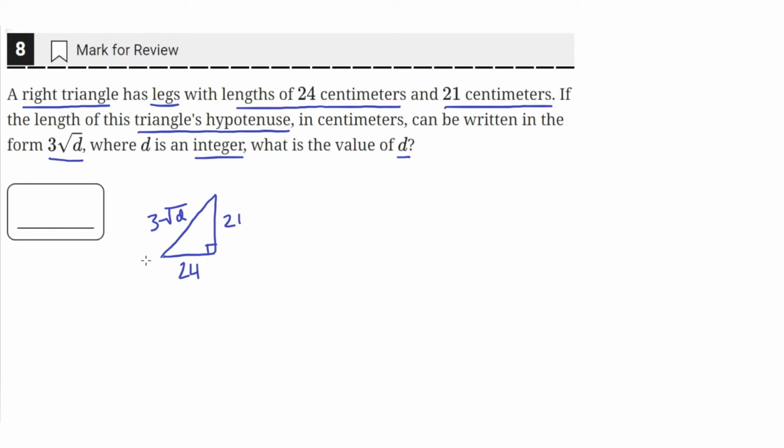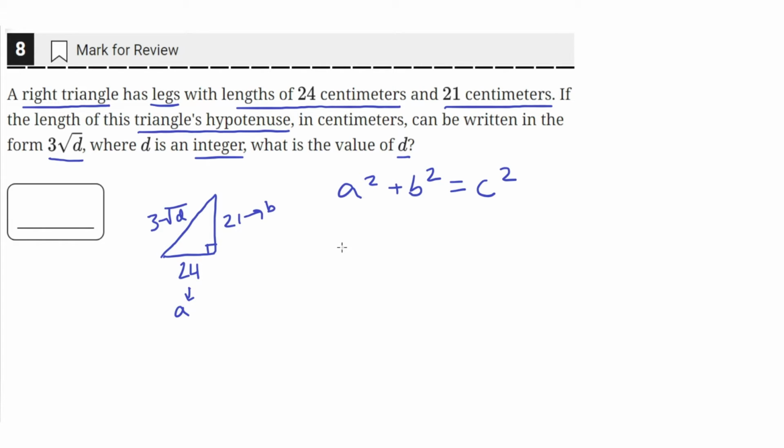So we can solve for the hypotenuse of this triangle by using the Pythagorean theorem, a squared plus b squared equals c squared, where we can make 24 a and 21 b the lengths of the two legs, and then c is the hypotenuse. So we'll just solve for the value of c.